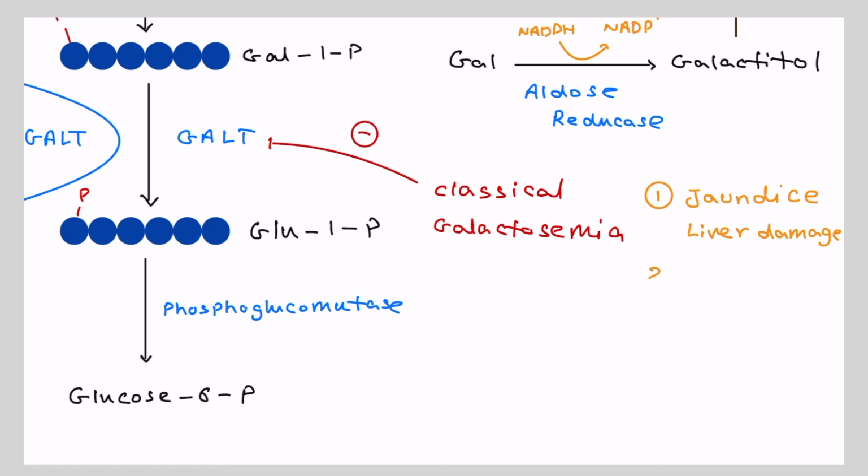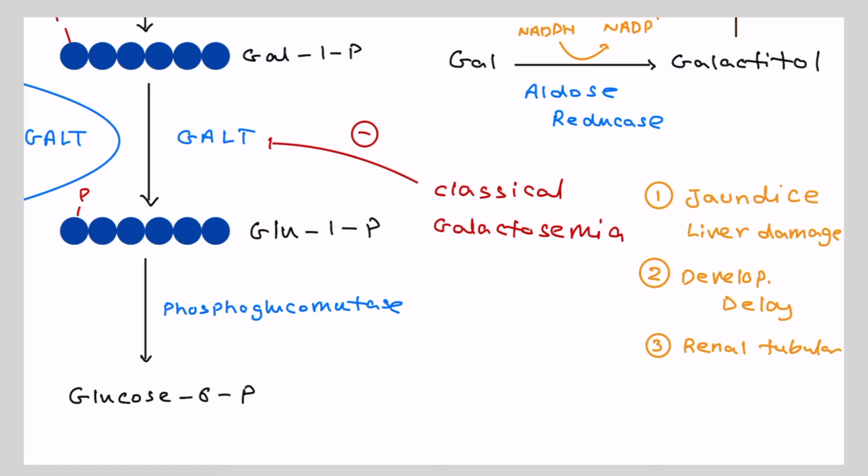The second thing is going to be accumulation in the brain, which will cause failure to thrive, and it's going to cause developmental delay. We're going to have kidney problems. The kidney problem is going to be very similar to what we discussed in fructose metabolism, and that is going to cause renal tubular cell damage because of accumulation of galactose 1 phosphate.